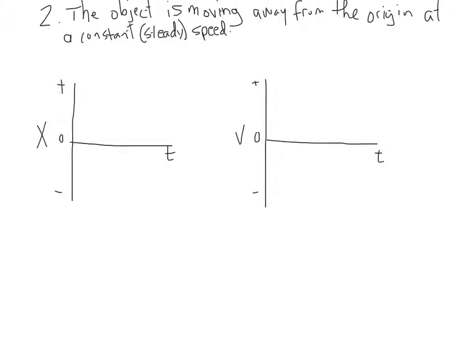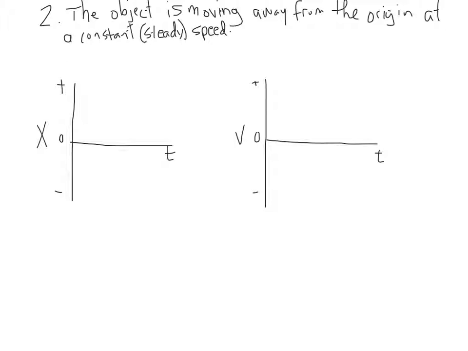So if the object is moving away from the origin, this is the origin. By origin, again, we mean the 0 position. If that's the origin, away from it means this way or this way. There are only 2 ways to go away from the origin: in the positive direction or in the negative direction.